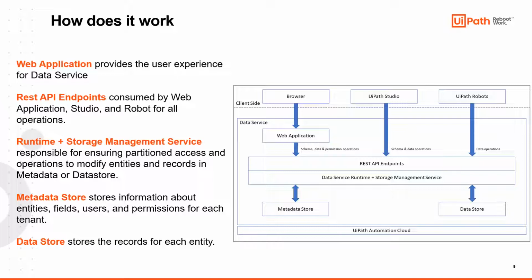You have the browser, you have the UiPath Studio and the UiPath robots, from where you can actually access the data services. And then there is a metadata store where you store the information about entities, fields, users, and permissions for each tenant. And then there's a data store which actually stores the data for each entity, right?